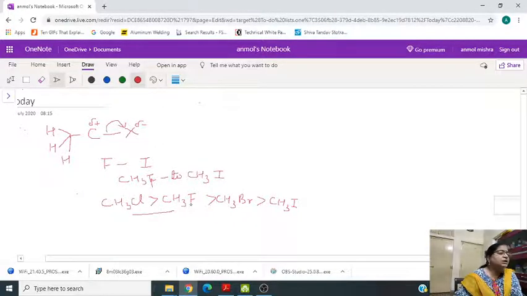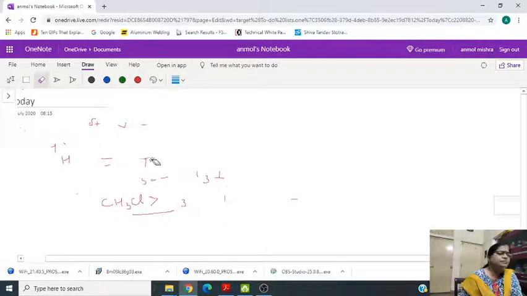Now, we will study the methods of preparation of haloalkanes and haloarenes. The methods of preparation of haloalkanes we will study first from alcohol.